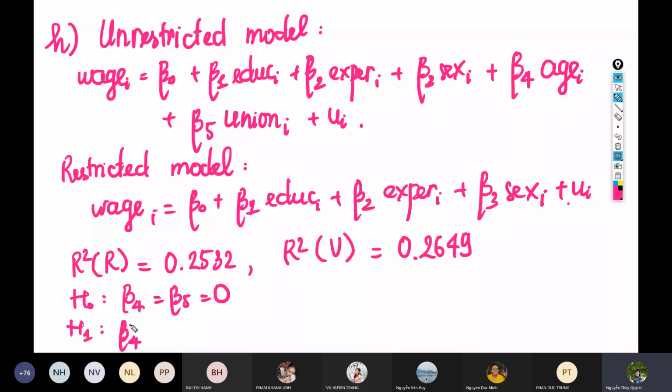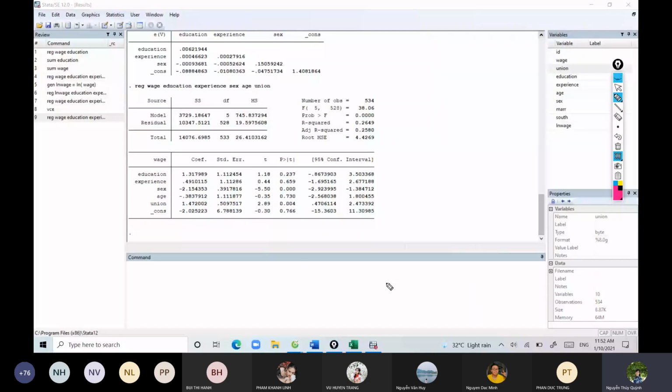Then you have to calculate the observed value of F. Or you can do it here quickly. We can test age and union.